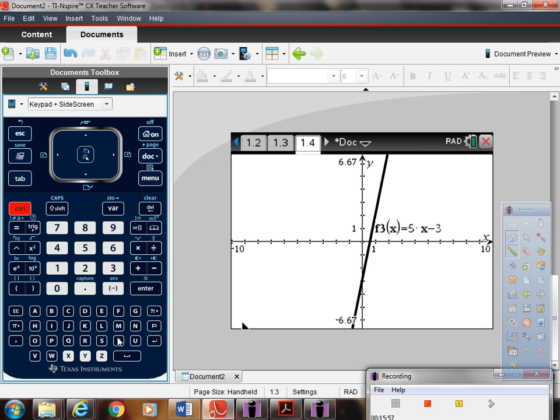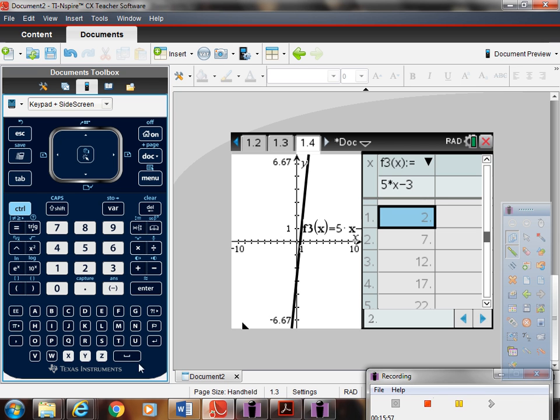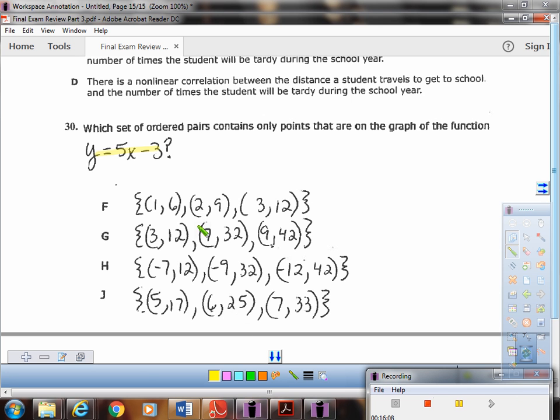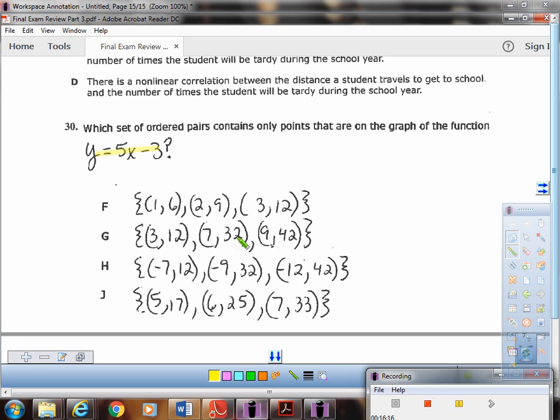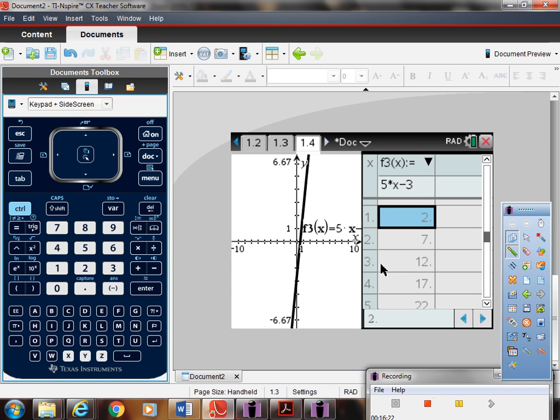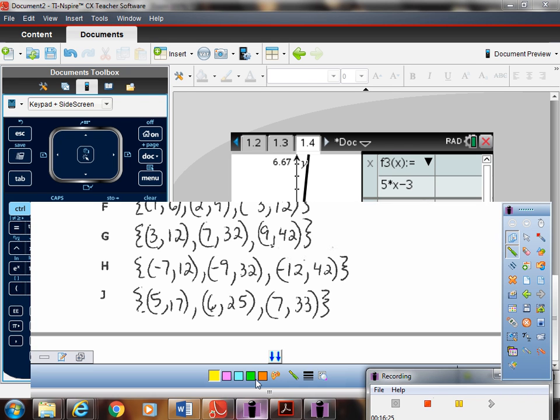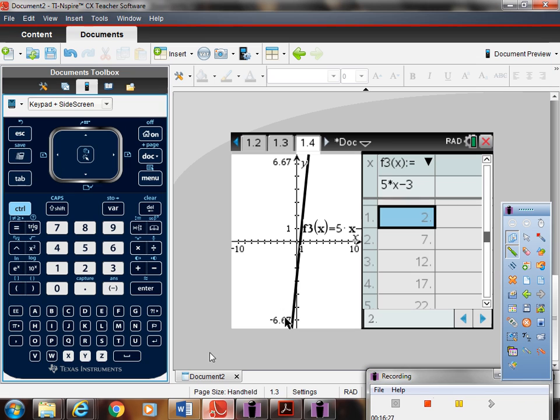If you go to Control T, you can see the points listed there, and you'll be able to see if 1, 6 is there. Nope, 1 is with 2, so it's not A. And then you look at G, oh, I'm sorry, it's not F. And then look at 3 with 12. Let's see if that works. Okay, that one's right, but look at all of them. 7 is 32.